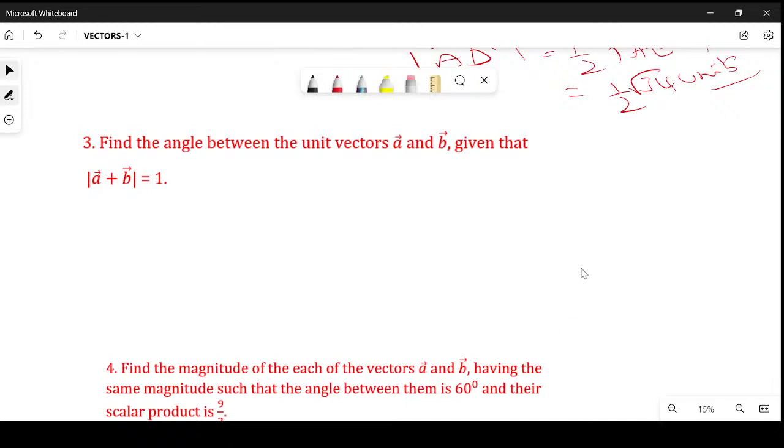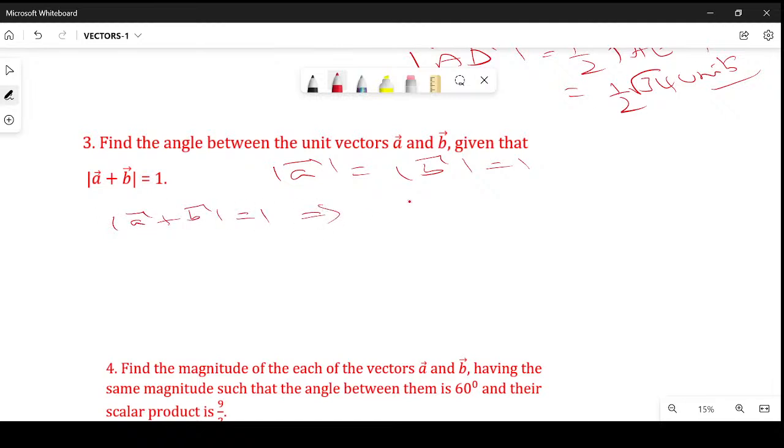Find the angle between unit vectors A bar and B bar given that mod A bar plus B bar is equal to 1. They are given mod A bar equal to mod B bar equal to 1, and mod A bar plus B bar is equal to 1.